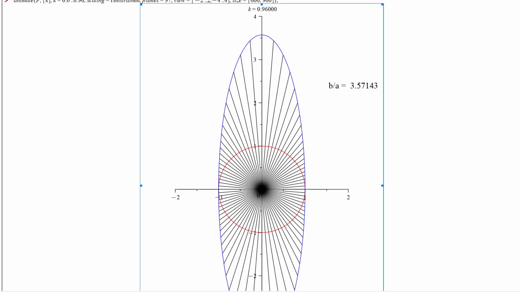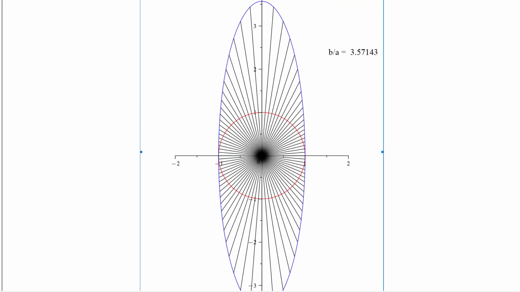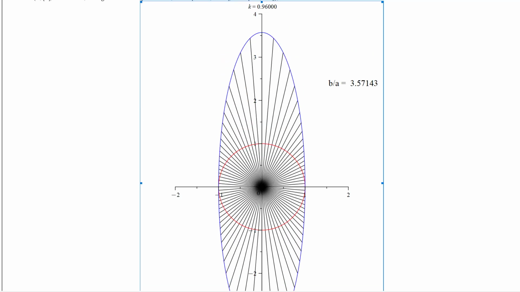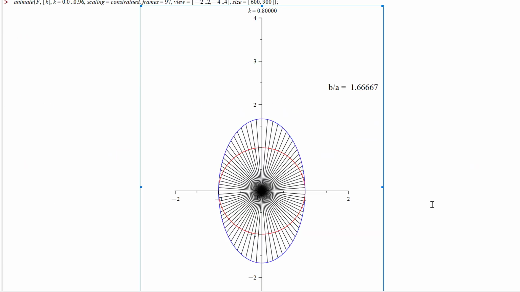I only went up to k equals 0.96, but it's a pretty stretched ellipse. So r over a looks like that. Now I'm going to go back to k equals 0.8 and look at r over a, and I'm going to find the running average. There are actually 80 subdivisions I made here, 20 in each quadrant.